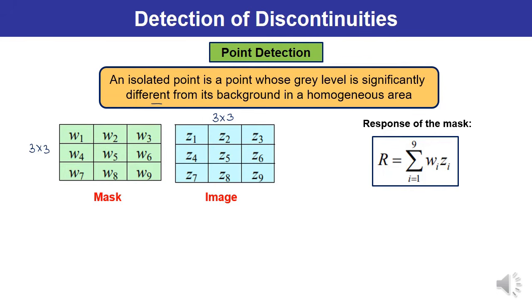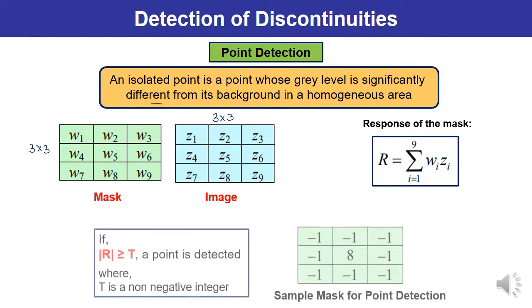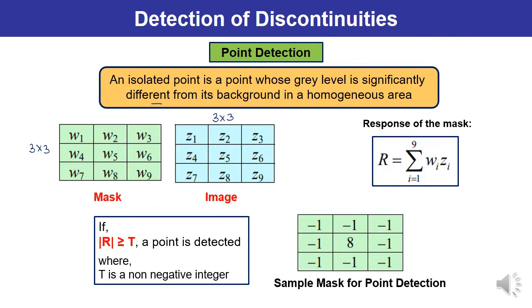But how are you going to evaluate whether a point is available or not? To identify the availability of an isolated point, you must select a threshold value. The threshold value is denoted by T, which is used to identify the points. You can note it down as well. If the absolute value of R, the response which you are getting, is greater than or equal to T, then you say that a point is detected.